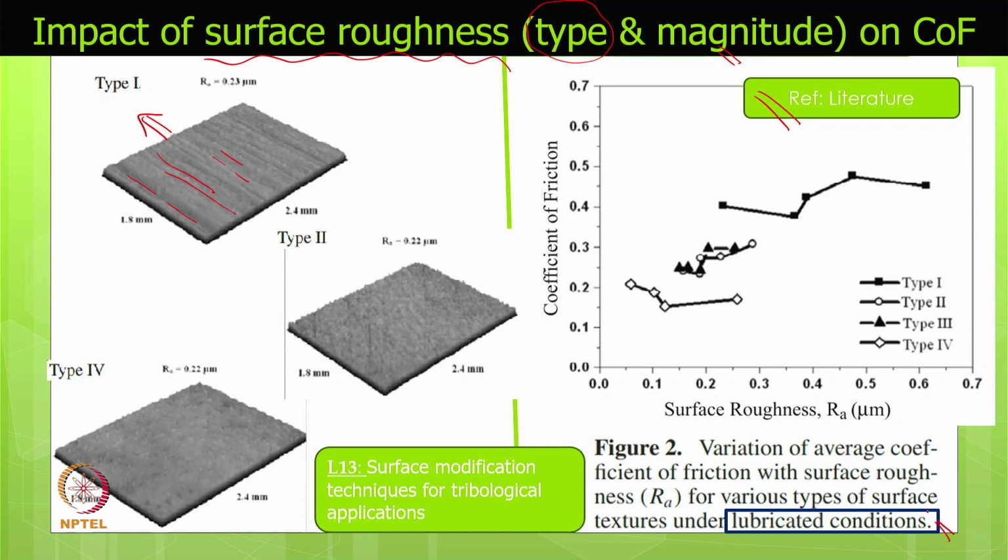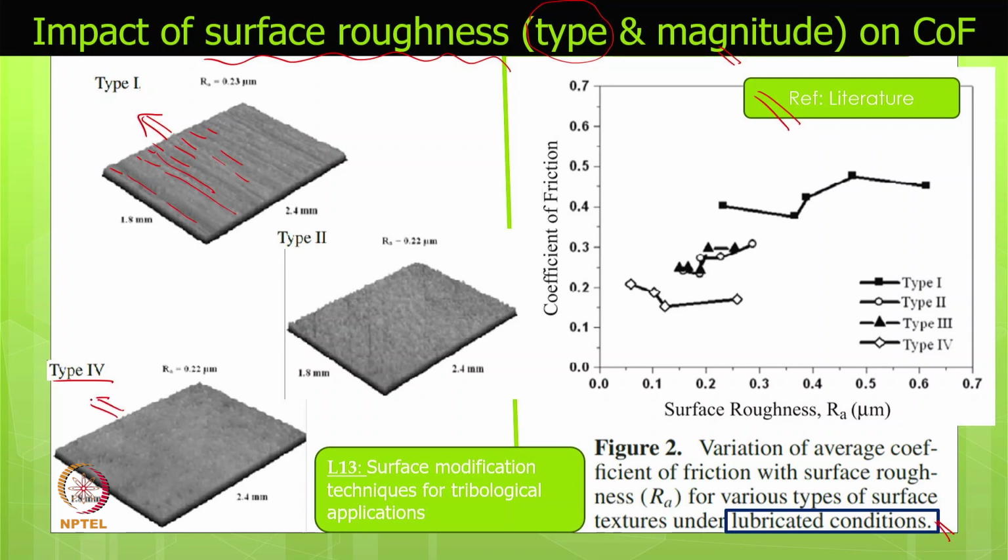These are basically lubricated cases. What happens in the case of lubrication? Quite possibly these grooves provide easy passage to drain the lubricant. That means the lubricant is not fulfilling a meaningful purpose, and before that it is getting drained out. So this is the sliding direction, and the groove direction is matching it. In type 4 we have a perpendicular groove, maybe not completely visible.